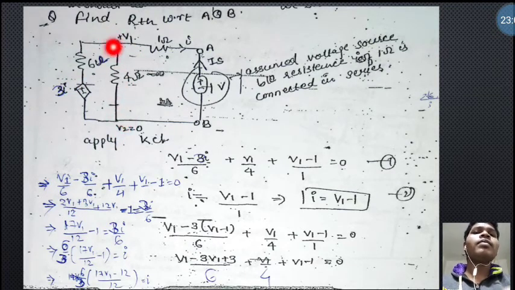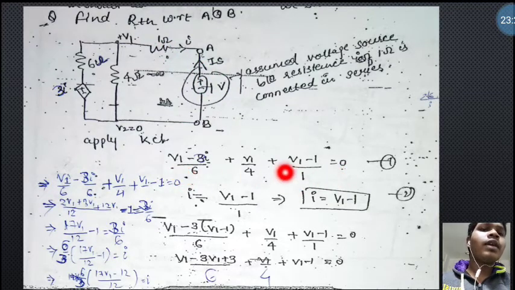Okay, because of the nodal analysis, please remember the nodal analysis that I have explained to you. So (V1 minus 3I) divided by 6 plus V1 divided by 4 plus (V1 minus 1) divided by 1, because of the V1 here and the 1 volt here, and the current will be flowing like this, is equal to 0. So here there are V1 and I, so there are 2 unknowns.